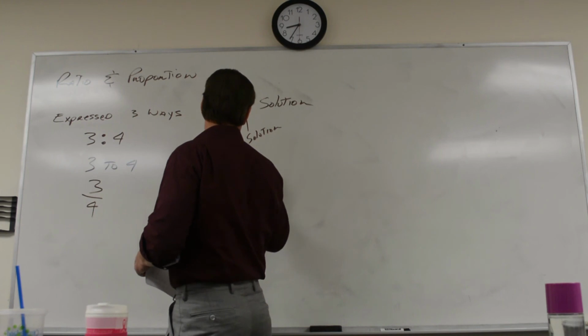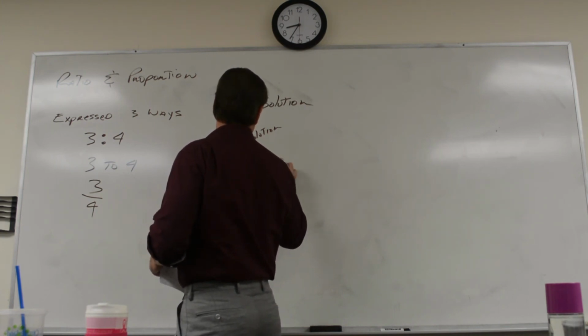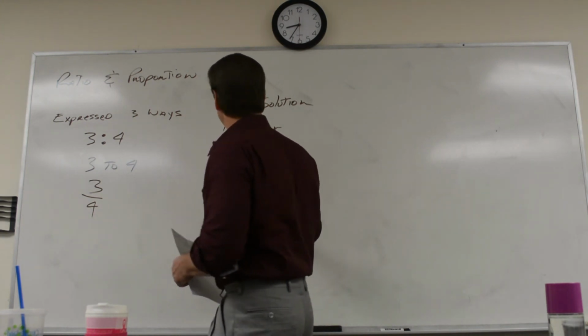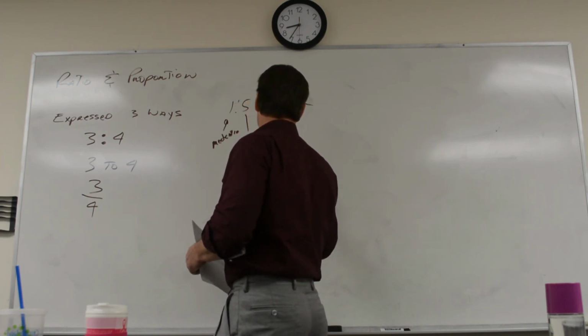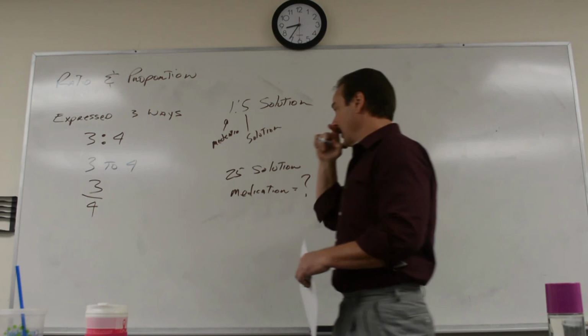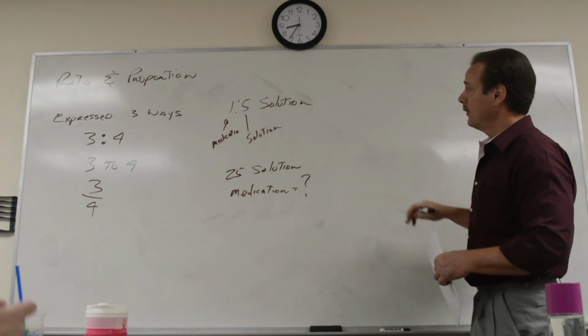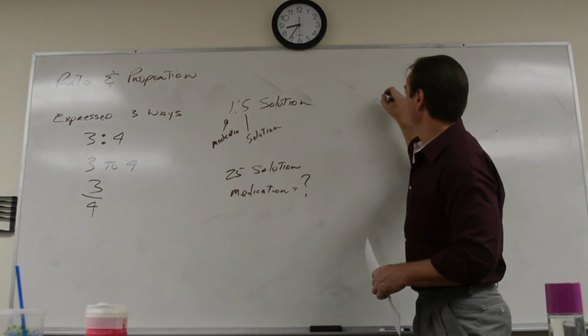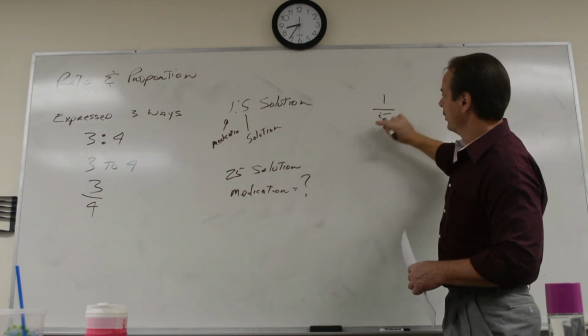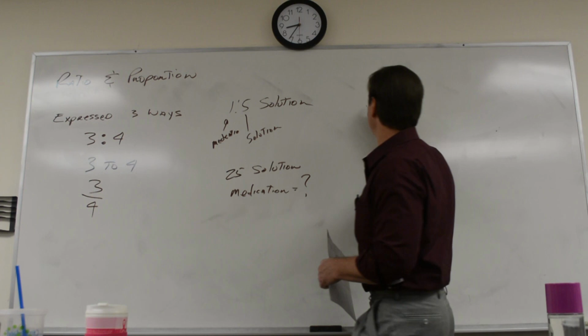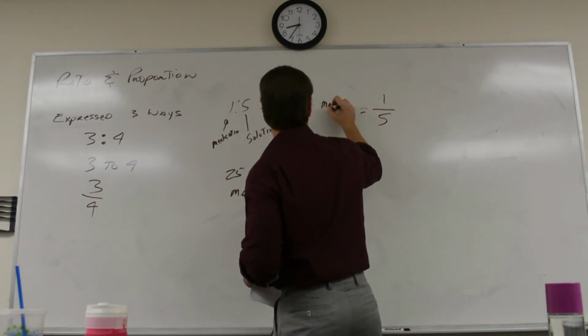All right, 5 units of the solution. How much medication is in there? So how do we solve that? Well, we're going to start out with our ratio, 1 to 5. This is medication, this is solution. So for instructional purposes out here, I put medication.